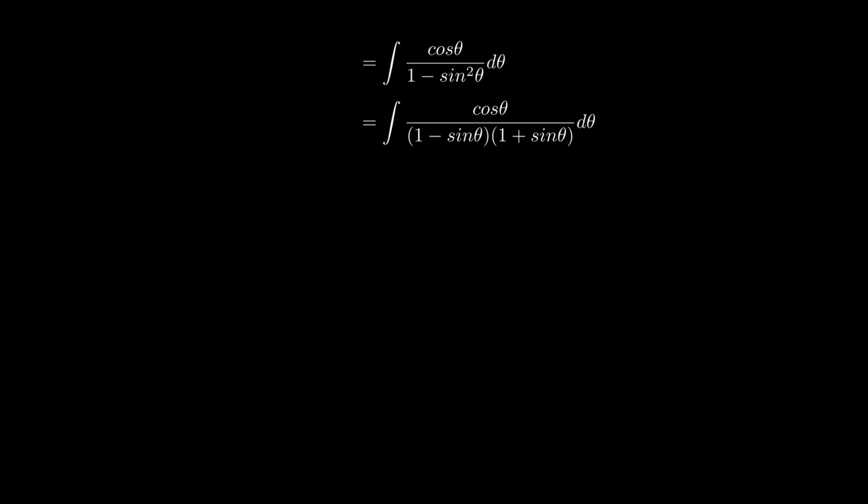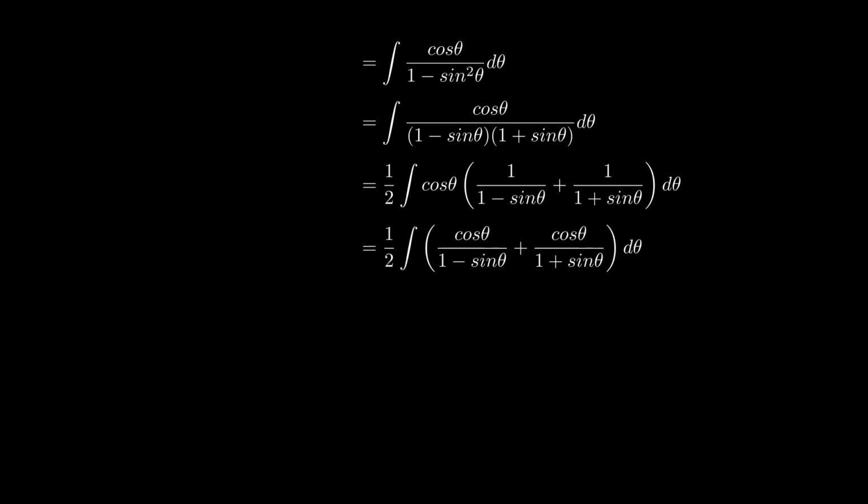Can also now separate those fractions into 1 over 1 minus sine theta plus 1 over 1 plus sine theta, divided by 2, and so we get the integration of cos theta over 1 minus sine theta plus cos theta over 1 plus sine theta.